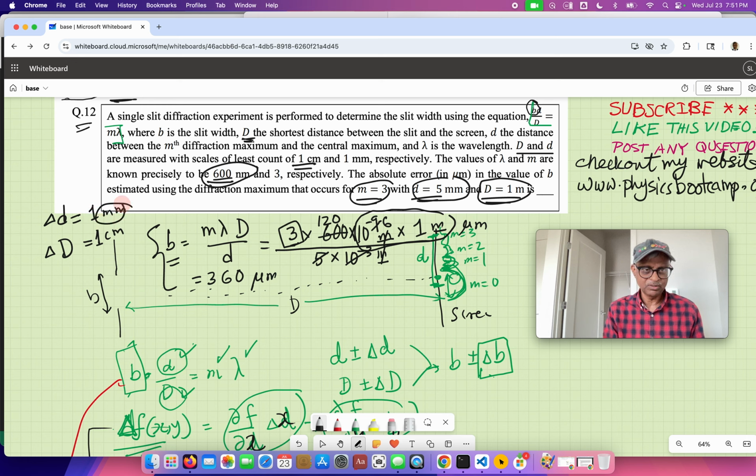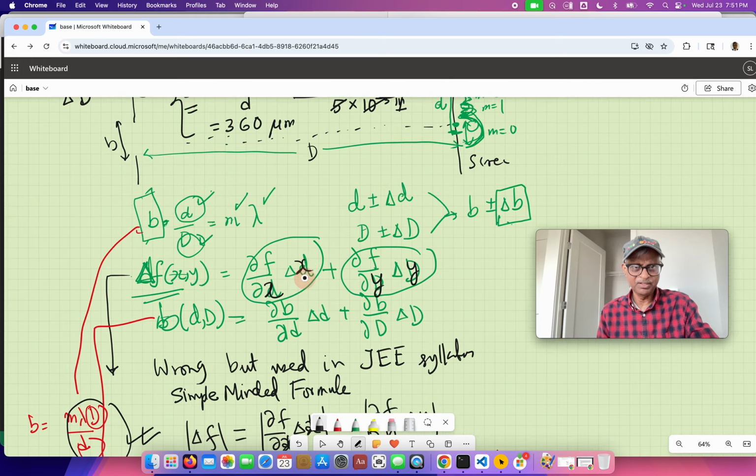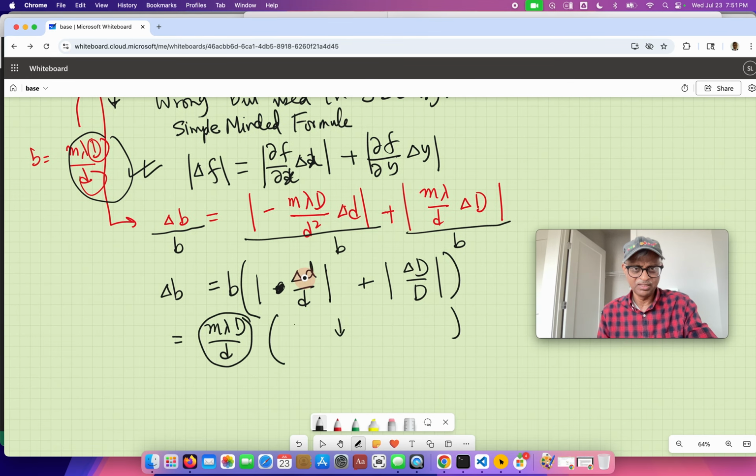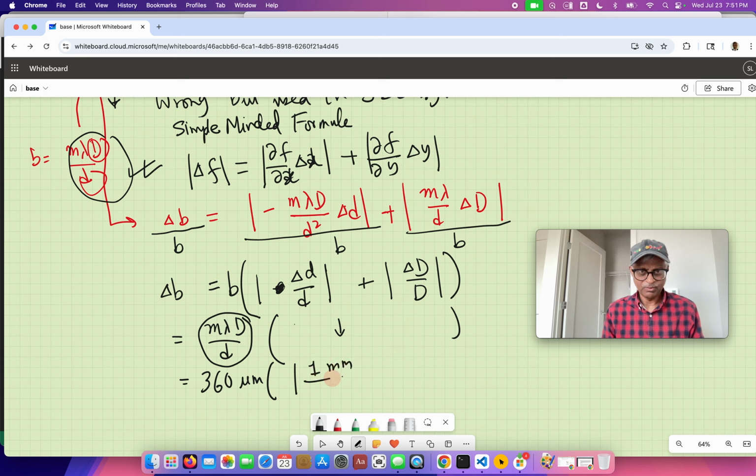So the units are actually going to play a role. All right, let me copy down here. So this is 360 micrometer, and delta d was 1 millimeter over 5 millimeters. That's easy. And this is 1 centimeter over 1 meter. We can make it 100 centimeter.